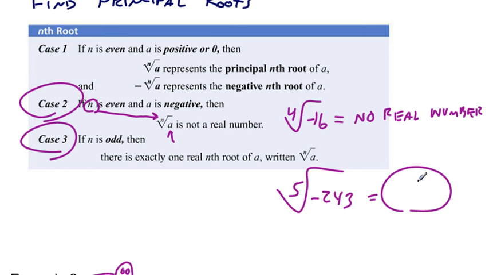Okay, so the only time that there is no answer is when you have this case right here, you guys, when n is even and a is negative. But if you have something like this, then you're going to be able to find the answer, and this is just showing you that you could have a positive or a negative answer there.